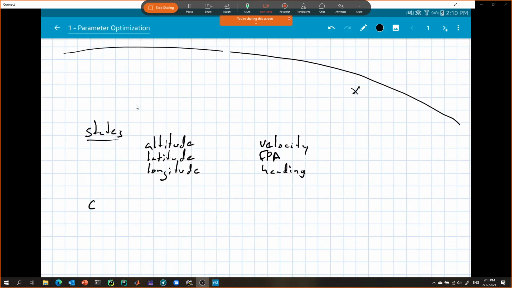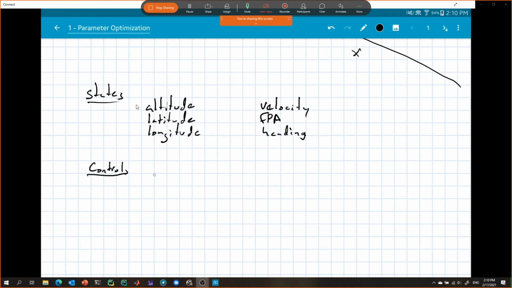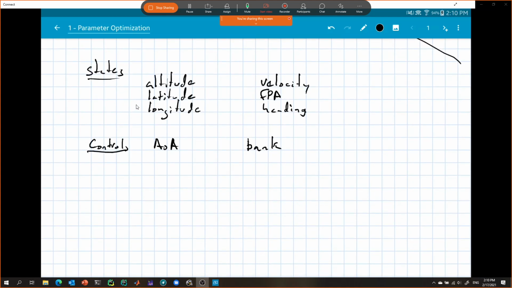And then we have controls. Controls, in this sense, are things that we can change. So we can change the angle of attack and bank angle. And then what do we want to do? We want to hit the target. This is what we call an objective.